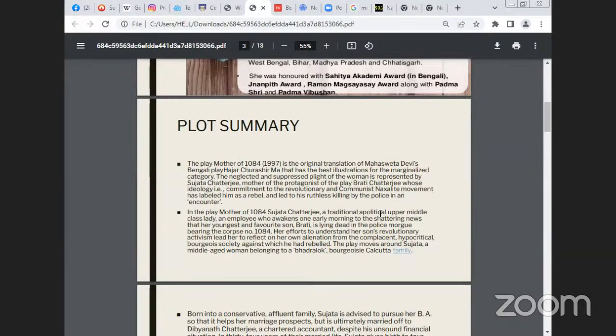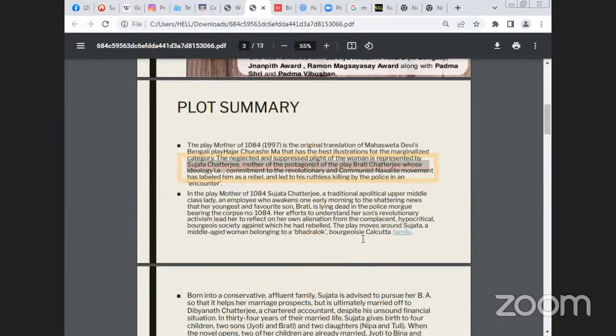Now we call it an anti-social movement, but in those days it was a social transformation movement called the Naxalite movement, or Naxalbari, because it began in West Bengal in a place called Naxalbari under the leadership of Charu Majumdar, and it spread. It began in the name of a land reforms movement.